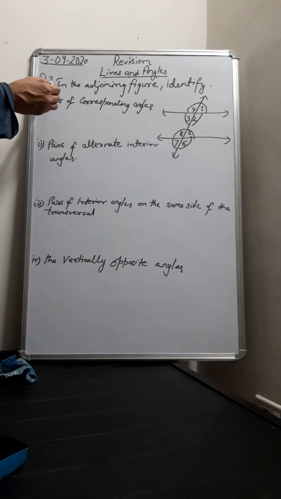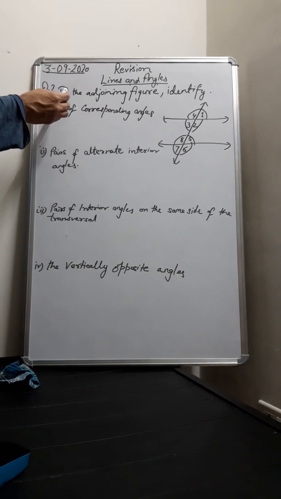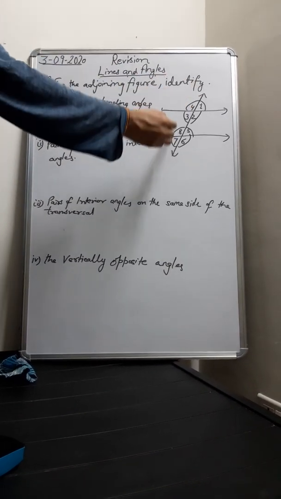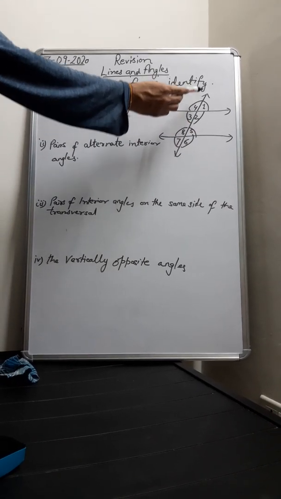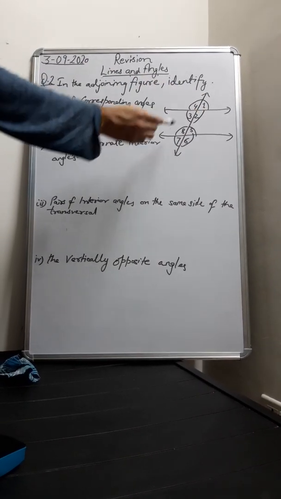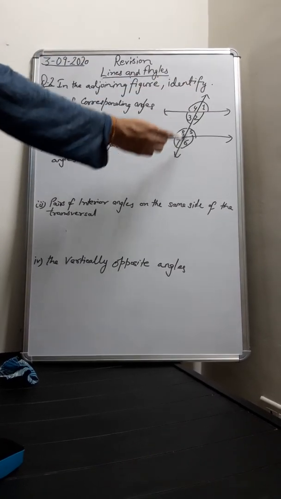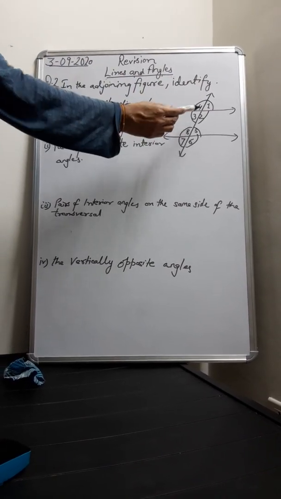Number 2. In question number 2, in the adjoining figure, we have to identify angles. Here, this is your figure, these are your parallel lines, and this is a transversal. This transversal is making 8 angles on these parallel lines.